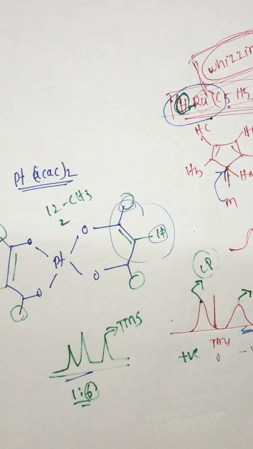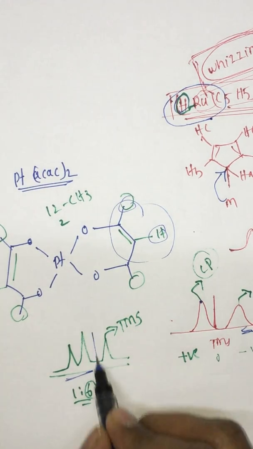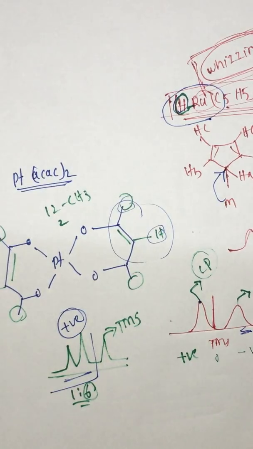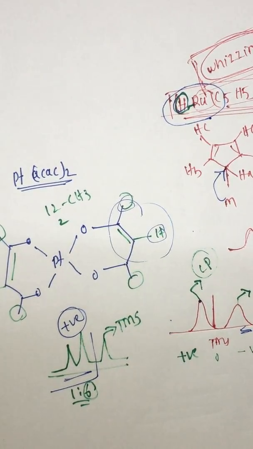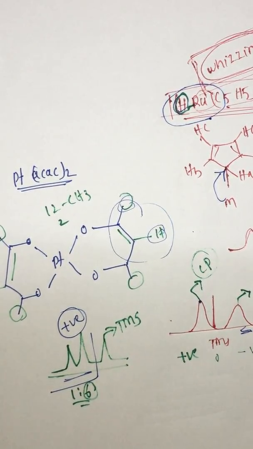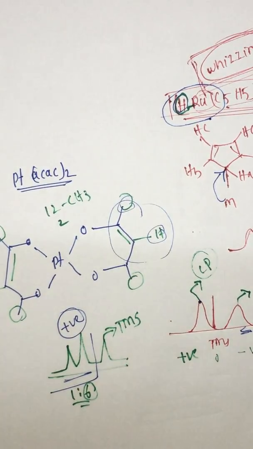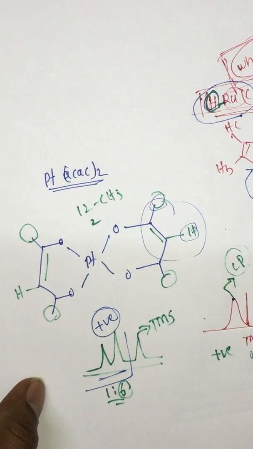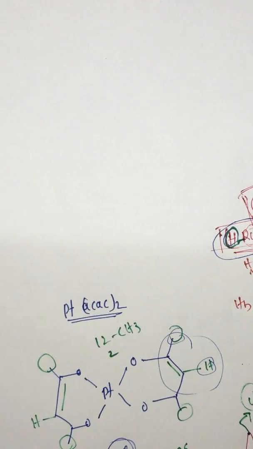Because of that reason we got a peak in the positive region. Like this, we can also identify whether hydrogen is directly attached to the metal or not. If it is directly attached to the metal, we will get a negative region chemical shift value. If it is not directly attached, we will get a positive one.